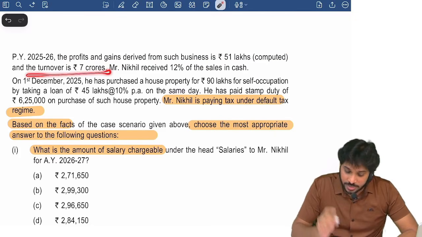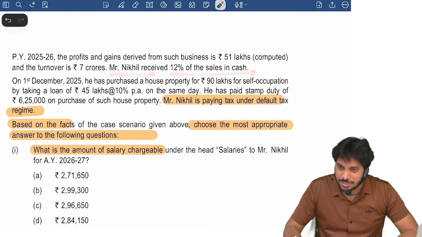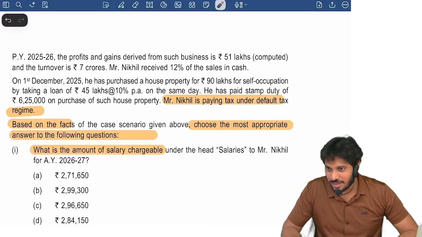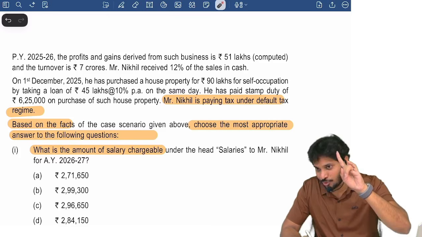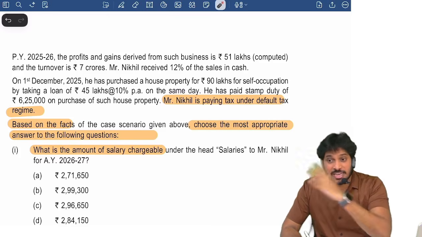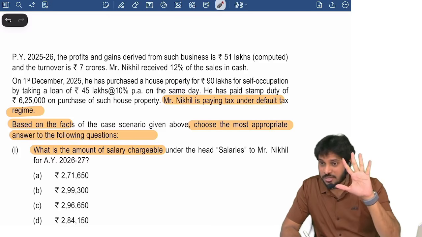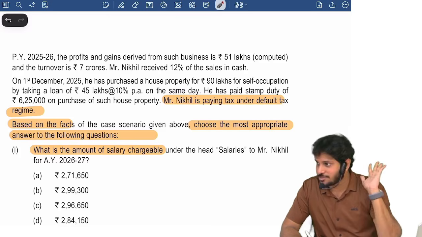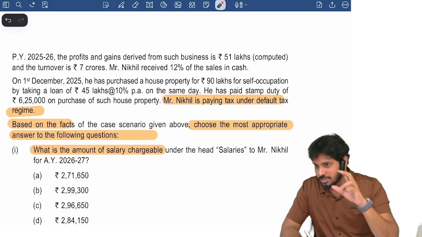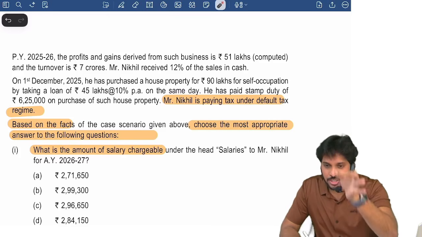And turnover is 7 crore. Nikhil received 12% of the sales in cash, which is more than 5%. Therefore, the tax audit limit is 1 crore only, not 10 crore. When the tax audit limit of 10 crore is applicable, a maximum of 5% of receipts and 5% of payments can be other than cash, in unapproved methods. Minimum 95% must be through approved modes.